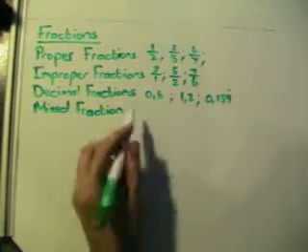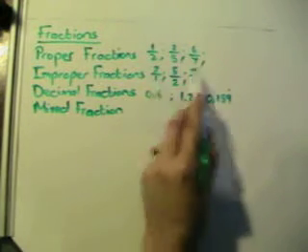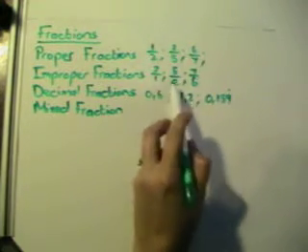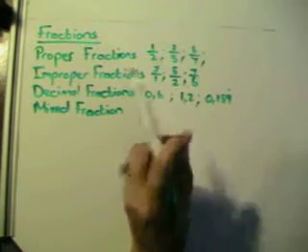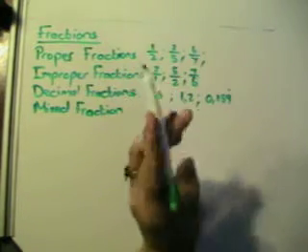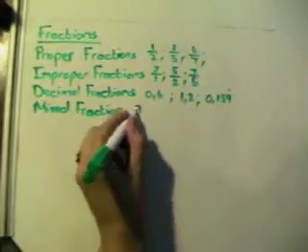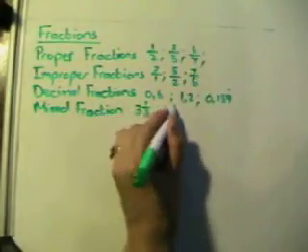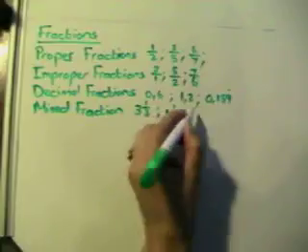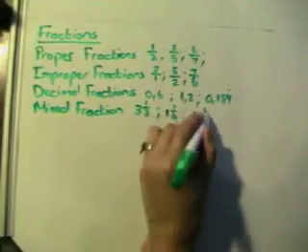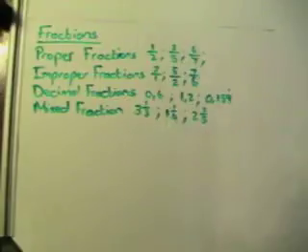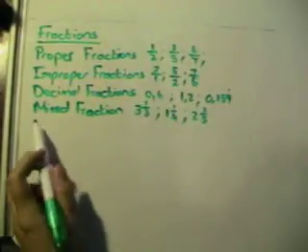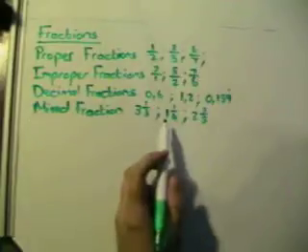And then mixed fractions are if I simplify the improper fraction to just one fraction with a number and a proper fraction again. For instance, 3 1/3, 1 1/4, 2 2/5, like that. Then I have a mixed fraction.